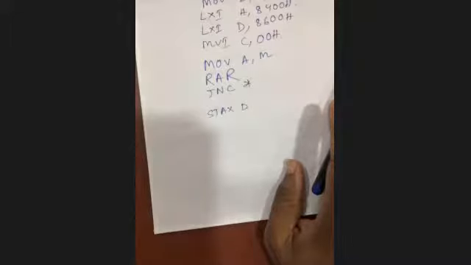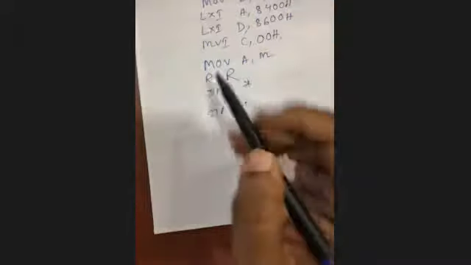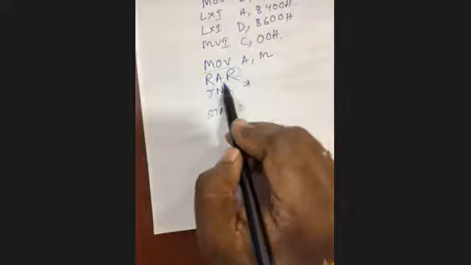No, the answer is no. Anyone can explain why no? Because the instruction RAR is already performed. Yes, the data is completely changed. Now the content of the accumulator is not AB; it is something else.